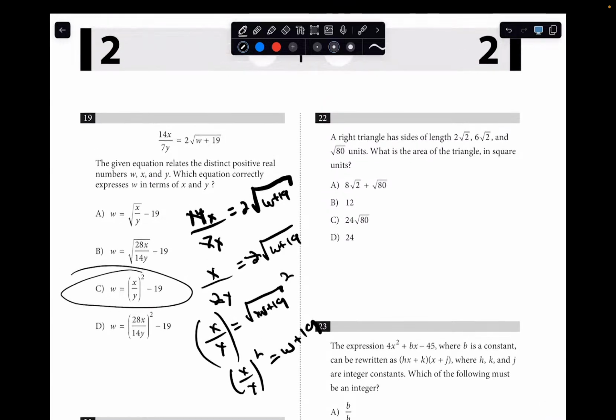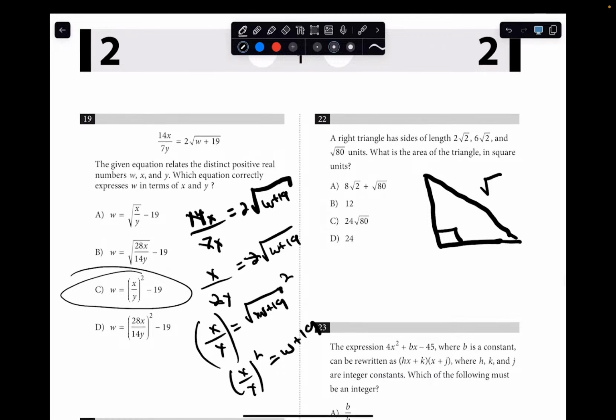22, a right triangle has side lengths of 2 root 2, 6 root 2, and square root of 80. So they tell us it's a right triangle, and we know, what side of a right triangle has the greatest length? That's right. Which of those 3 values is the hypotenuse? The square root of 80. Yep.